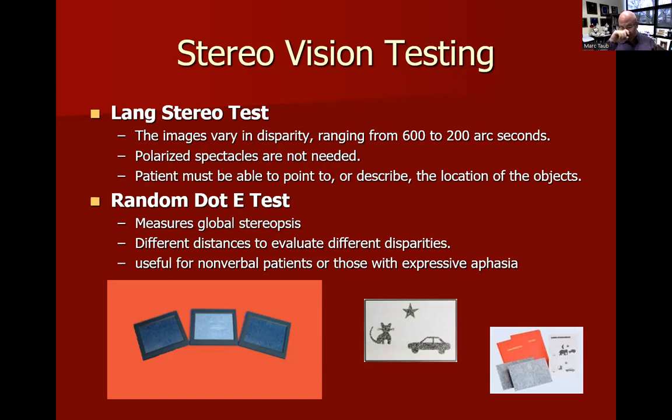For the random E test, you can see there on the picture, there are 3 plates. The one in the middle is the demo plate, so you can see what you're supposed to be seeing. And then one plate has the E and one does not. So they essentially have to pick out which one does. So it's a forced choice test.